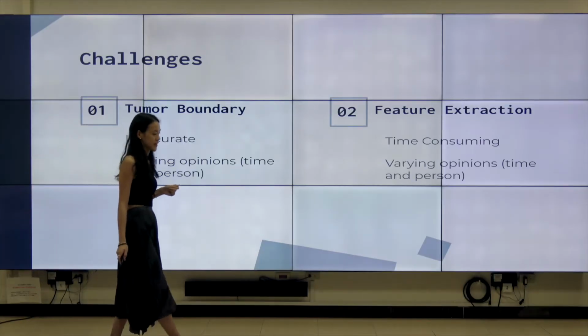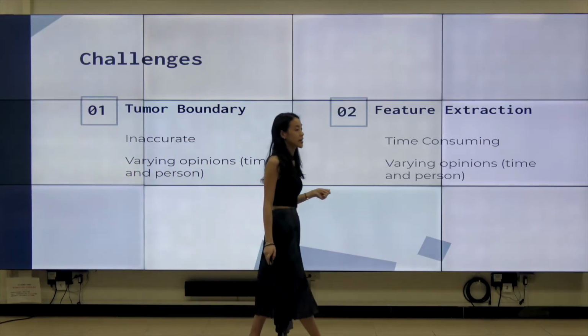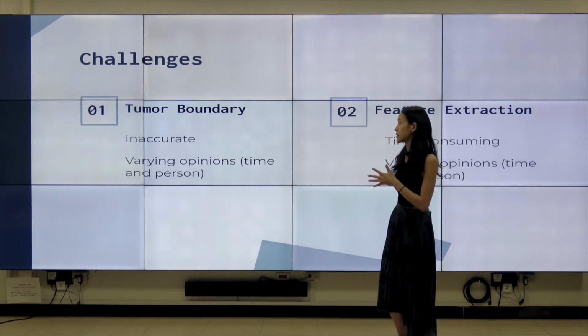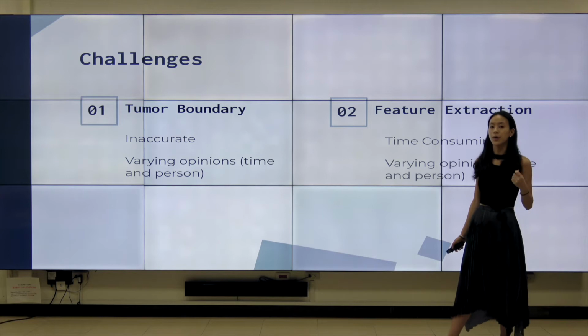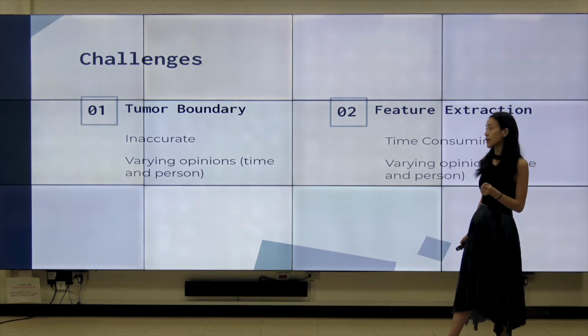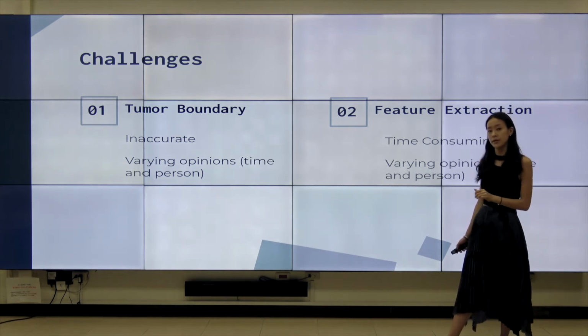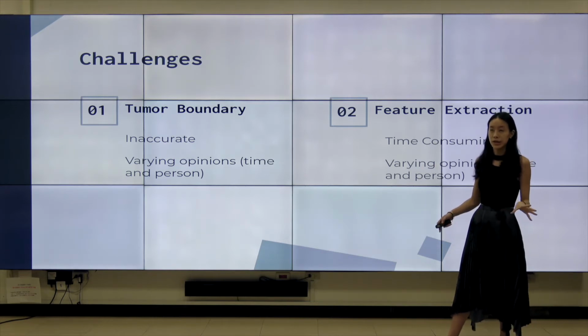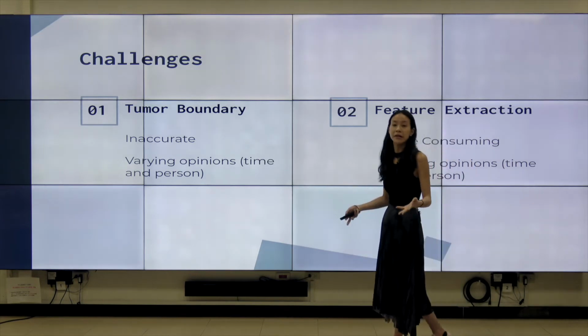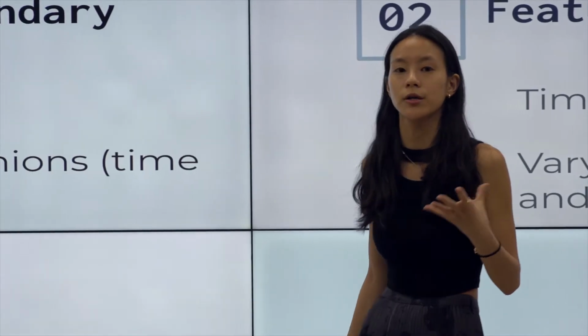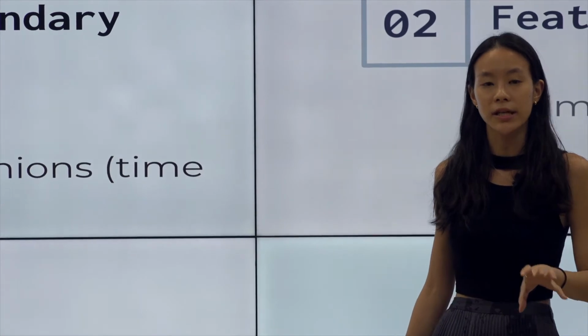So the challenges right now, or the impacts as well: a lot of the time when we're trying to analyze or do prognosis, the doctors will look at tumor boundaries. As we saw before, they look at whether the tumor is variant, whether it is big or small, and what the shape is.